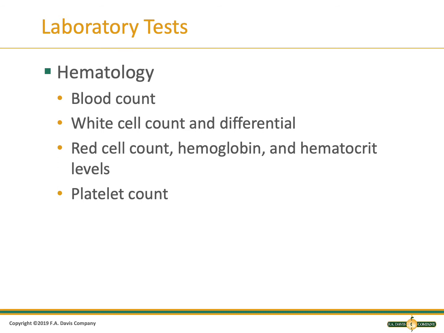And the differential part of that test, the differential is the breakdown of total white blood cells into 5 white cell categories. Each becomes elevated in response to different situations.